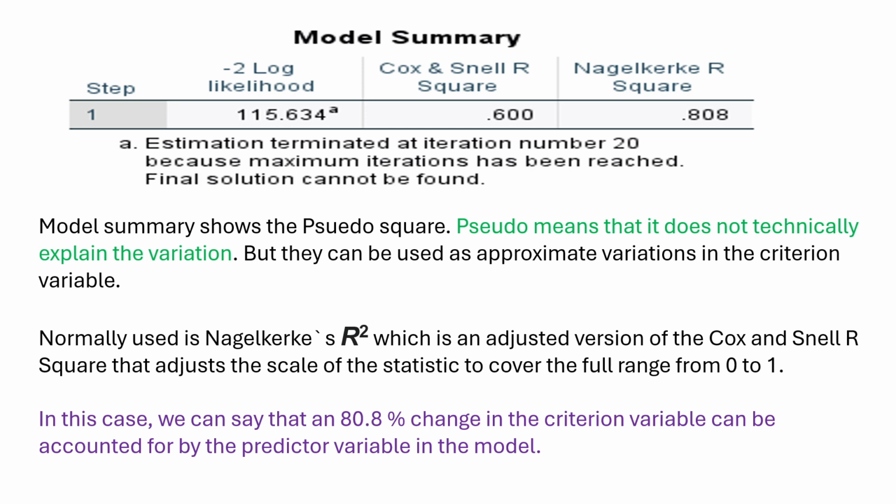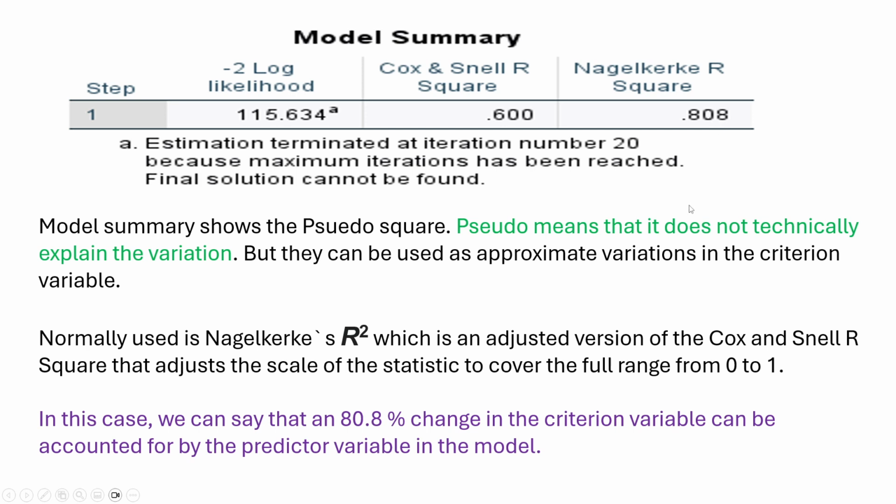Here the model summary shows the pseudo R square. Pseudo means that it does not technically explain the variation, but it can be used as an approximate measure of variation in the criterion variable. Normally Nagelkerke's R square is used. Here R square is 0.808. That means 80.8%.